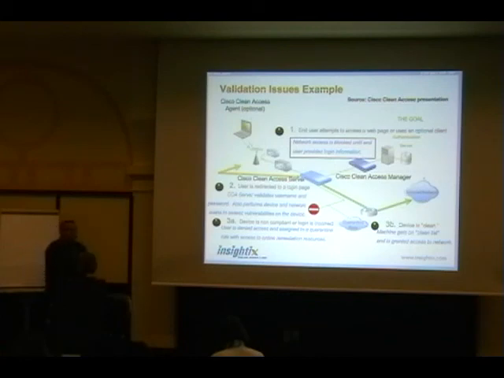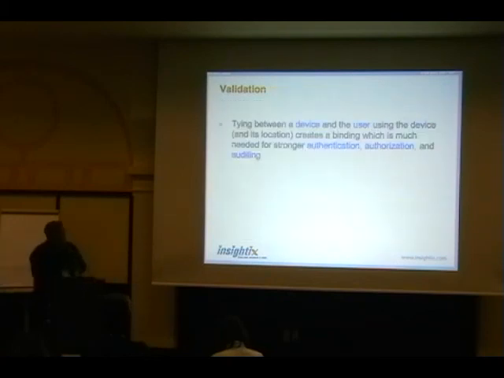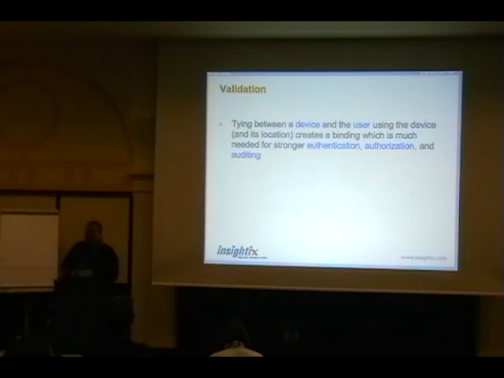You download the agent, you put your username and password, off you go, you're okay. No problem. So in my opinion, tying between the device and the user is extremely important. And it basically creates a binding which is needed for stronger authentication, authorization, and of course for auditing. And identity is something that we all are looking to have stronger and stronger in our organizations.